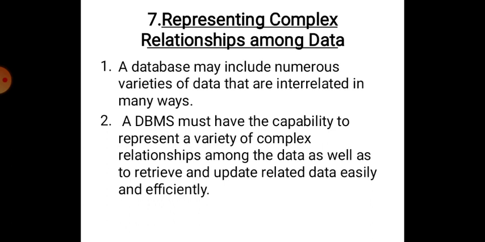Point number 2, a DBMS must have the capability to represent a variety of complex relationships among the data, as well as to retrieve and update related data easily and efficiently. Students, the database should be able to represent complex relationships among data items as well. Any data item should be easily retrieved, updated, and again stored efficiently.